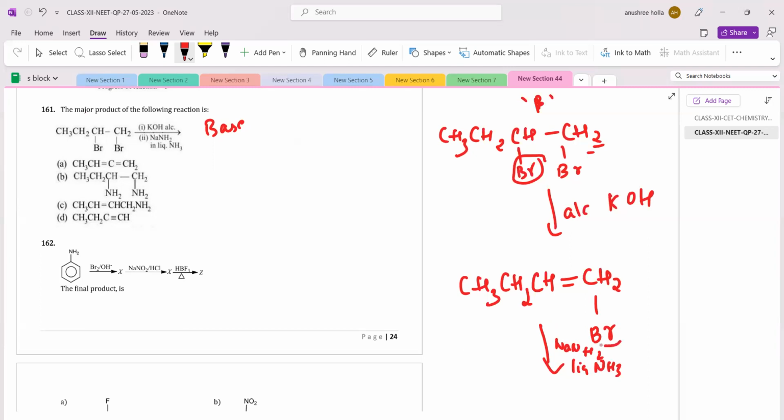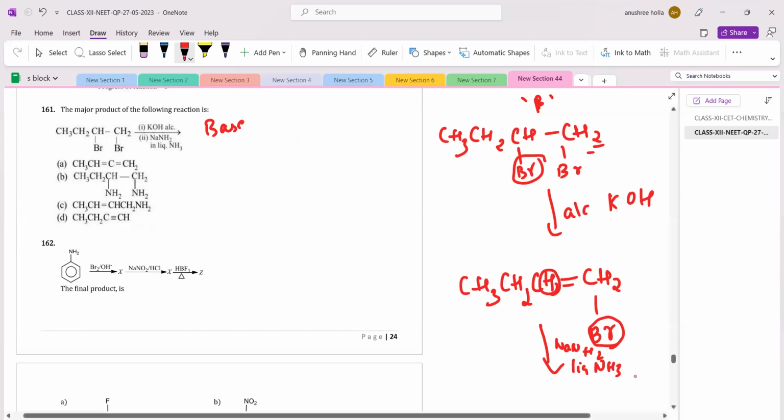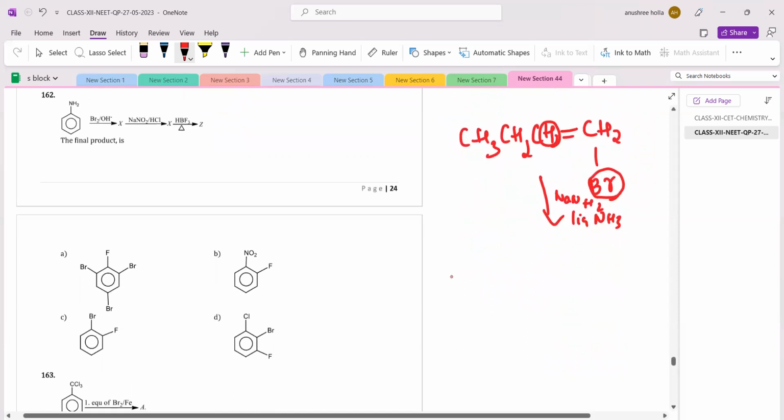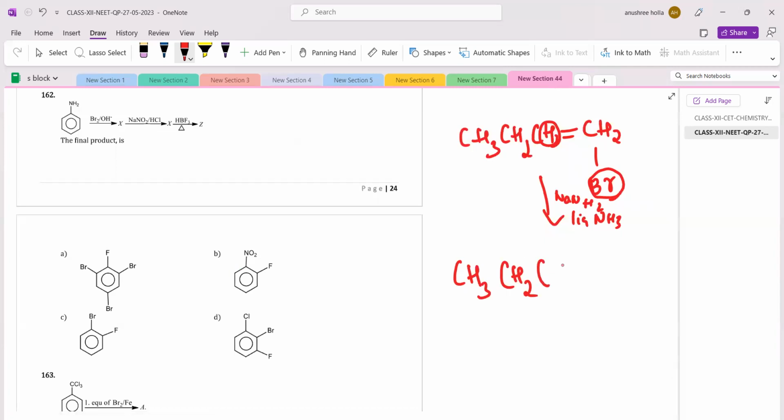Again, dehydrohalogenation takes place. I'll remove this bromine and this hydrogen, and I'll get CH3, CH2, C, triple bond, CH.